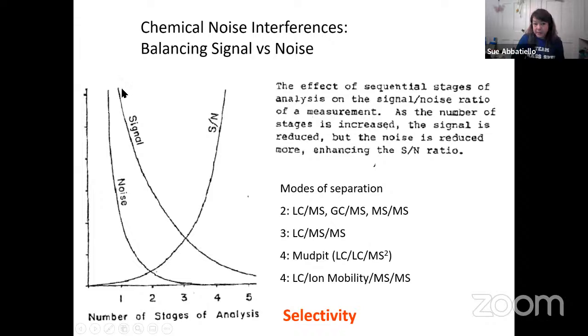Unfortunately, there's signal loss associated with increased stages of analysis, but the noise usually goes down quicker. So these are just examples of how you can hyphenate different modes of separation, all amenable to one another, to get improved signal to noise for your detection, which is ultimately based on this selectivity idea.